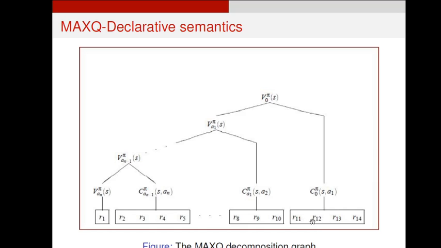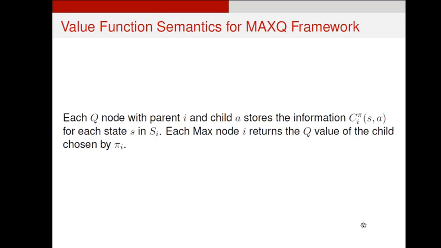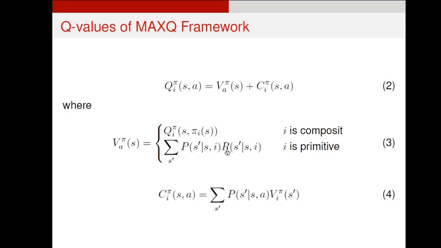So R11, R12, R13 and R14 are returns for this movement from state S to the terminal state through the action A1. So we have to calculate the expected return as the probability for choosing this action A1 from S to the terminal state times the corresponding reward R11. Similarly, the probability for choosing this action A1 from state S to S double dash with the return R12, like that. So that is the formula here. This S dash may be any end terminal state.